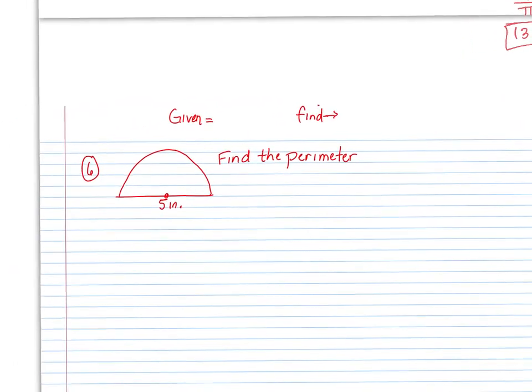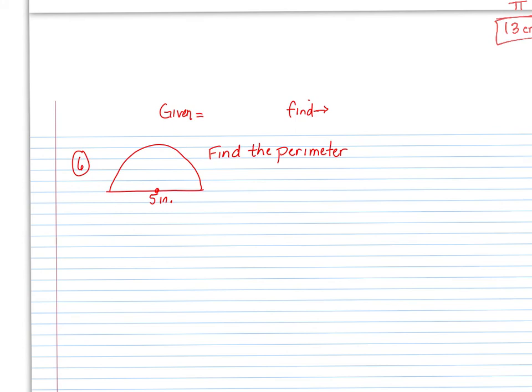All right, look at the last problem. It says find the perimeter. Have you guys ever seen the doors? Doesn't this look like the window in the top of a door? It's made up of this, right here.